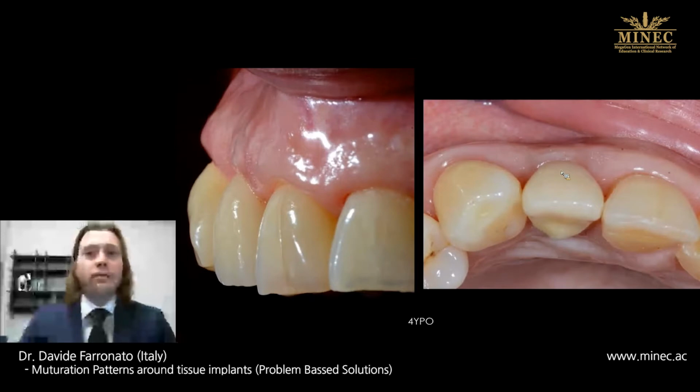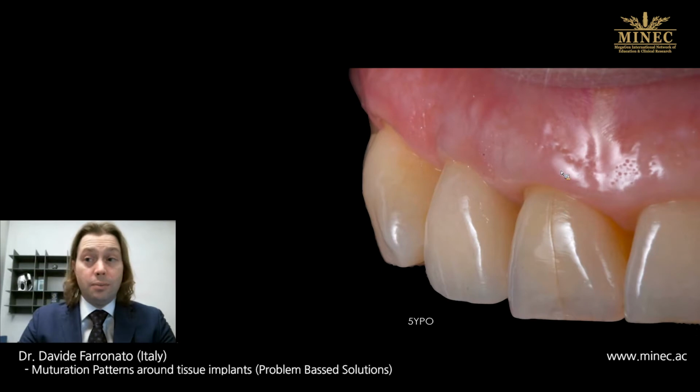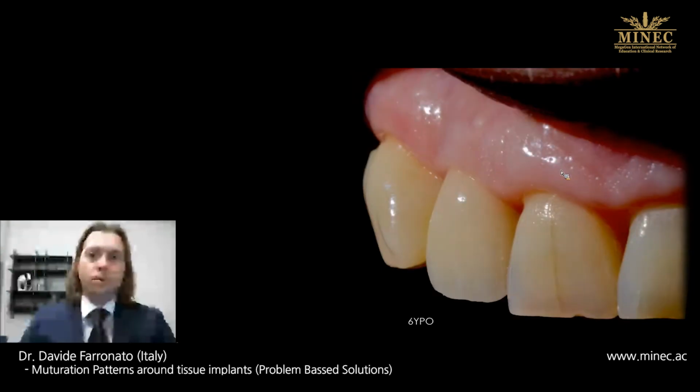And even after 4 years, everything is very stable. I would like to know what is the parameter that gives this stability, because I would like to have this stability every time I place an implant in the frontal area. You see here 5 years post-op and it is still very stable. And at the 6 year post-op control, again, everything is fine.